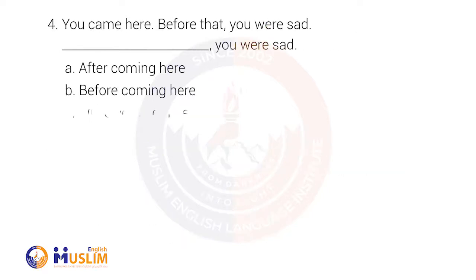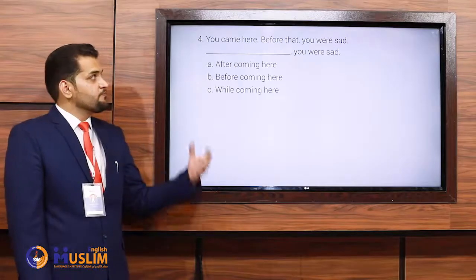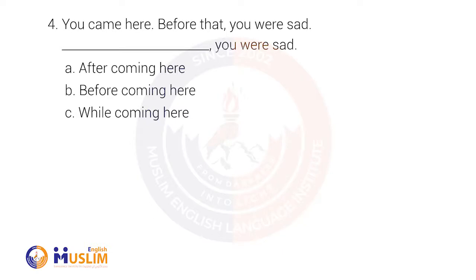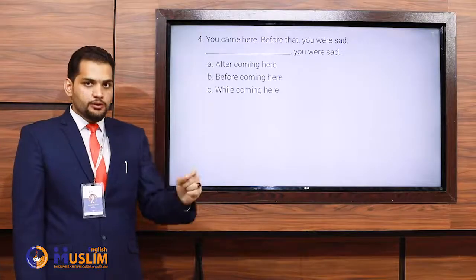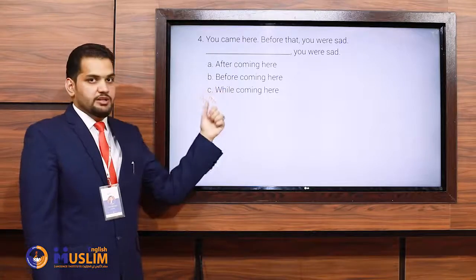Now you do number 4. You came here. Before that, you were sad. After coming here, you were sad, or before coming here, or while coming here. The only correct option is before coming here.